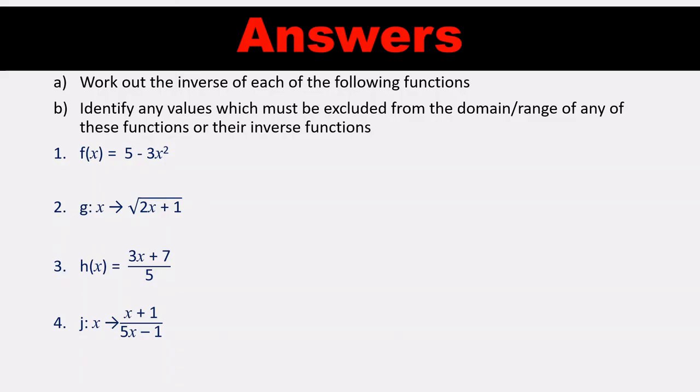For question 1, let's find the inverse of function f. So let's first set it equal to y. Let's swap those variables, and let's rearrange to get y on its own. Minus the 5, divide by the negative 3. Now, this looks a bit funny with these negative signs. So if I want to make that 3 in the denominator positive, let's multiply both top and bottom by negative 1.